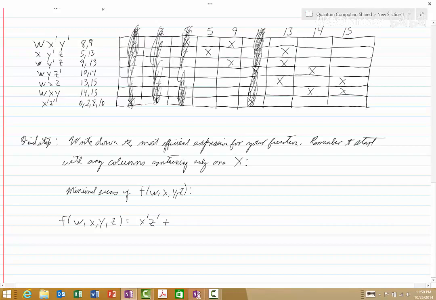By the way, those of you who are familiar with this terminology, these first two terms I'm finding are called the prime implicants. So we have x y prime z. That's the 5-13 term. And by including that one down here in our sum, we're taking care of column 5, but also column 13.